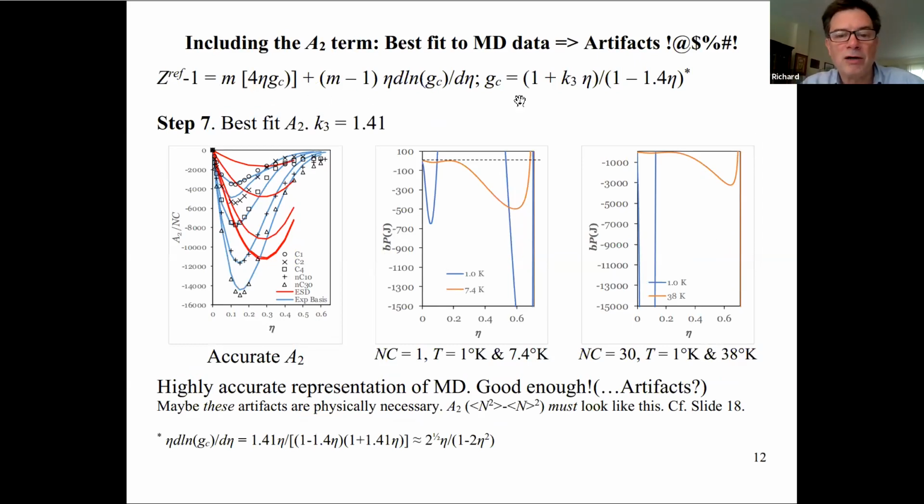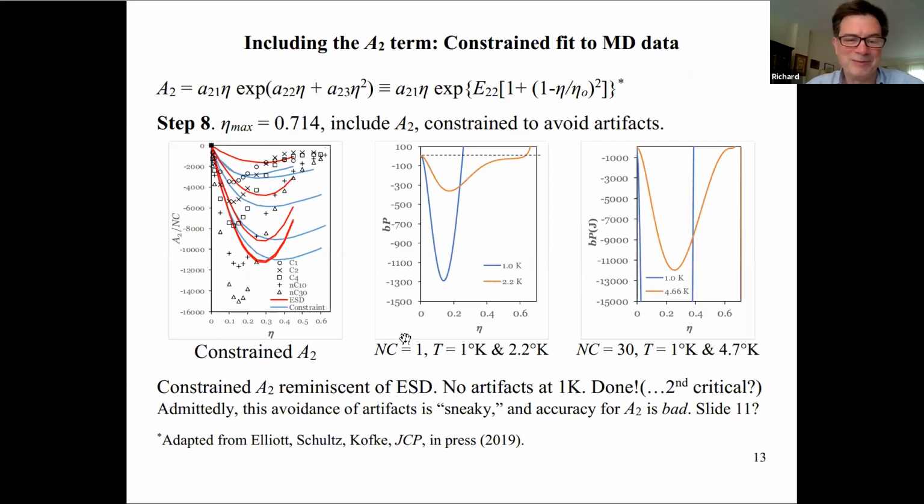Okay, so if we want to include the A2 term, how can we do that? Essentially, we can deviate further and further from the simulation results, and then we will reach a compromise. Okay, essentially that's the only way. And so this is the best I could do.